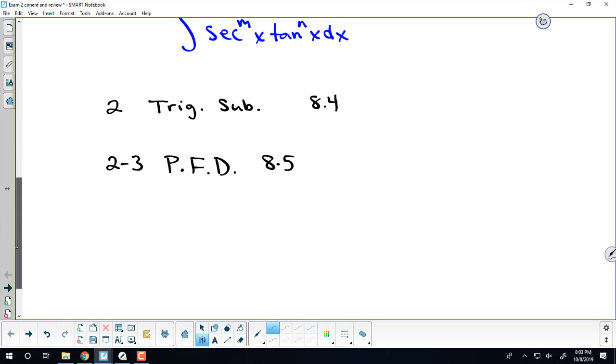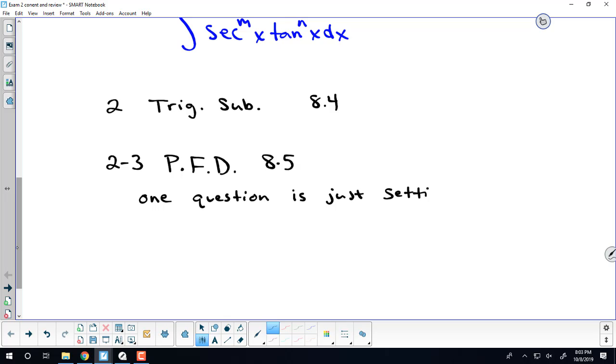One of those questions will just have you set it up, like set up what the partial fraction decomposition would look like, but you wouldn't evaluate the integral. So one question, setting up the partial fraction decomposition.